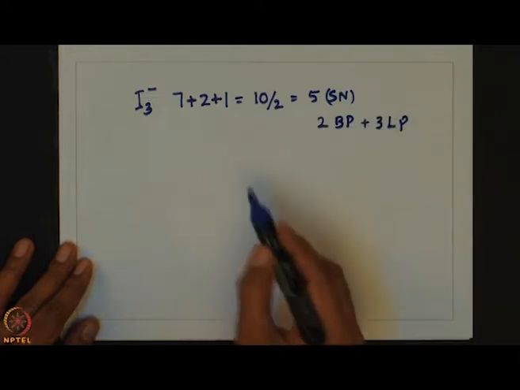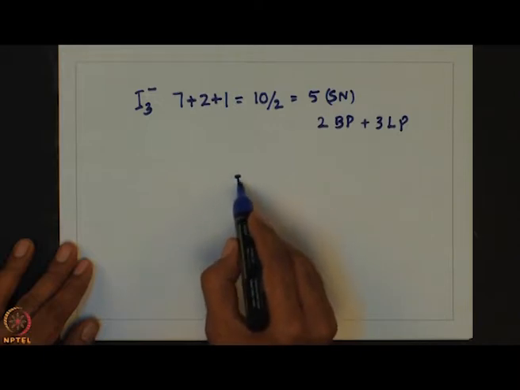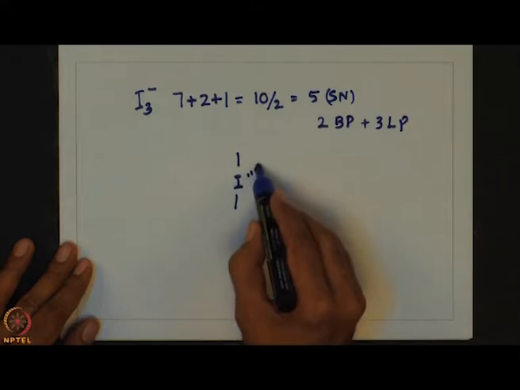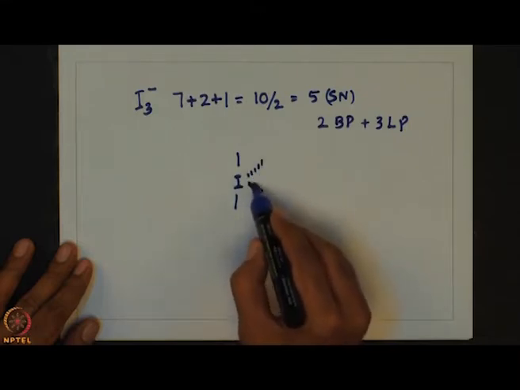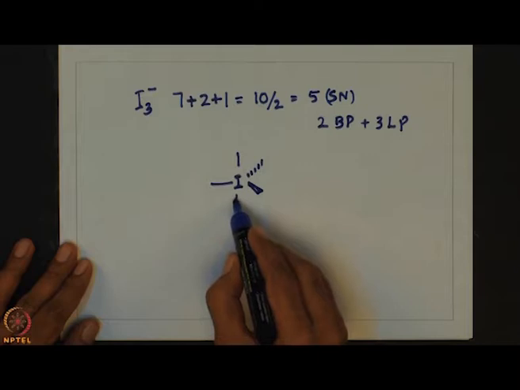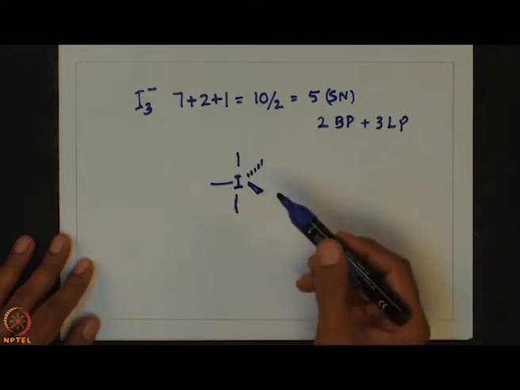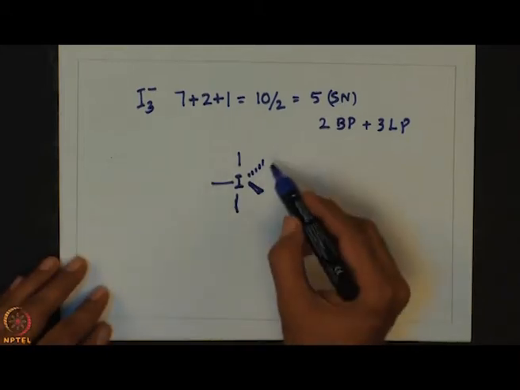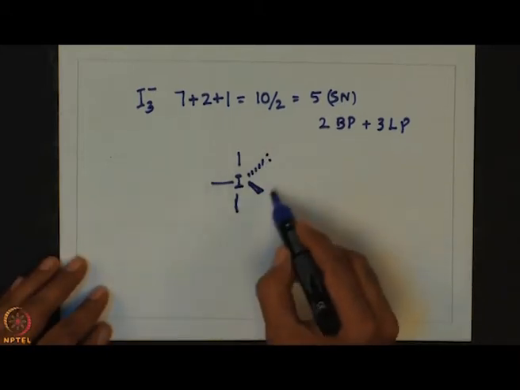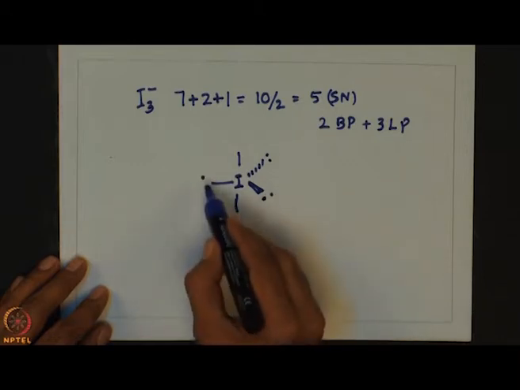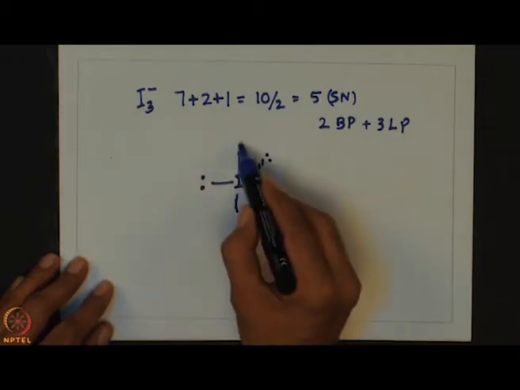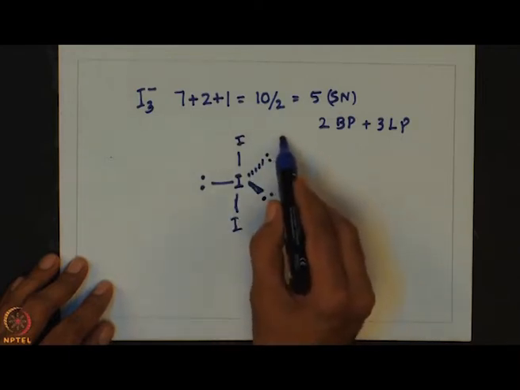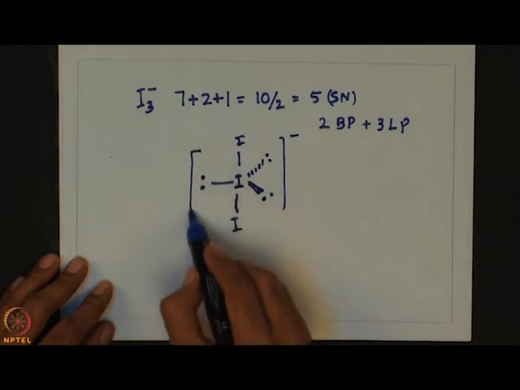First, let us write trigonal bipyramidal geometry as we wrote before. So, this is how we can write. And now, to minimize the repulsion between the lone pairs, what we should do is place all the lone pairs in the equatorial position like this, and the remaining 2 iodine atoms can be placed here, and this is the structure of I3 minus.